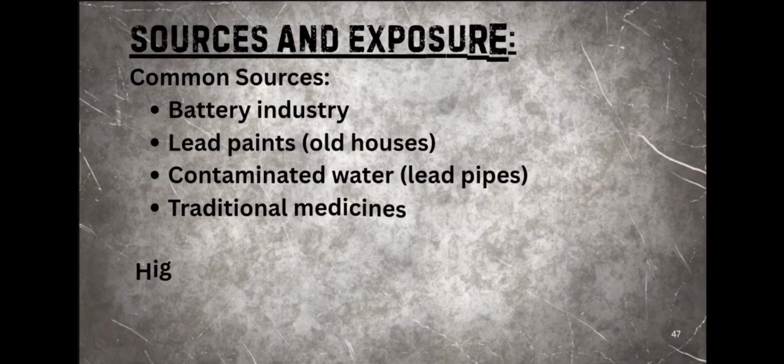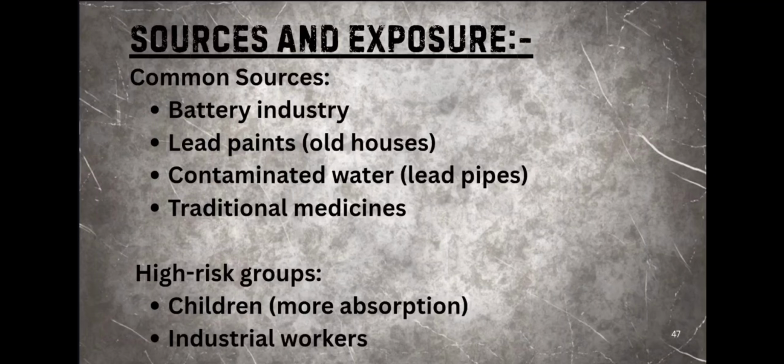Sources and exposure: common sources are battery industries, lead paints in old houses, contaminated water in lead pipes, and traditional medicines that contain lead. High-risk groups are children and industrial workers in battery and lead paint industries.